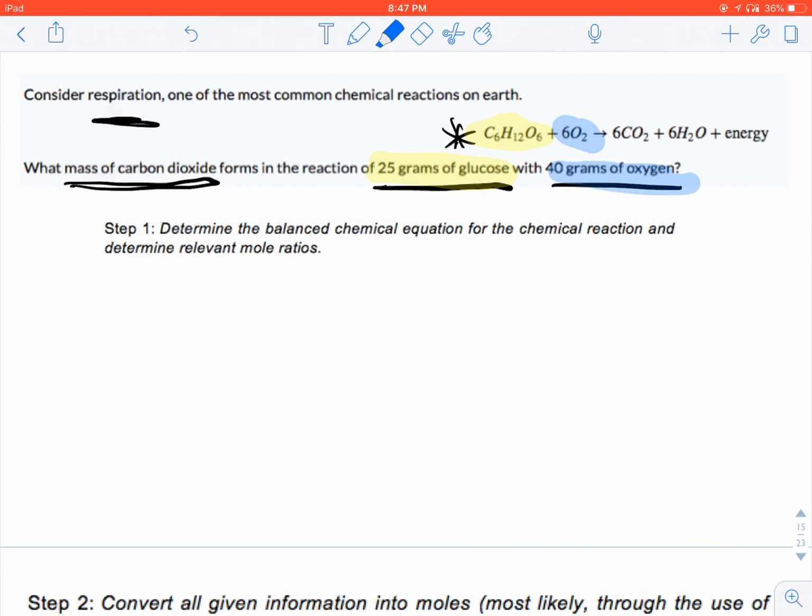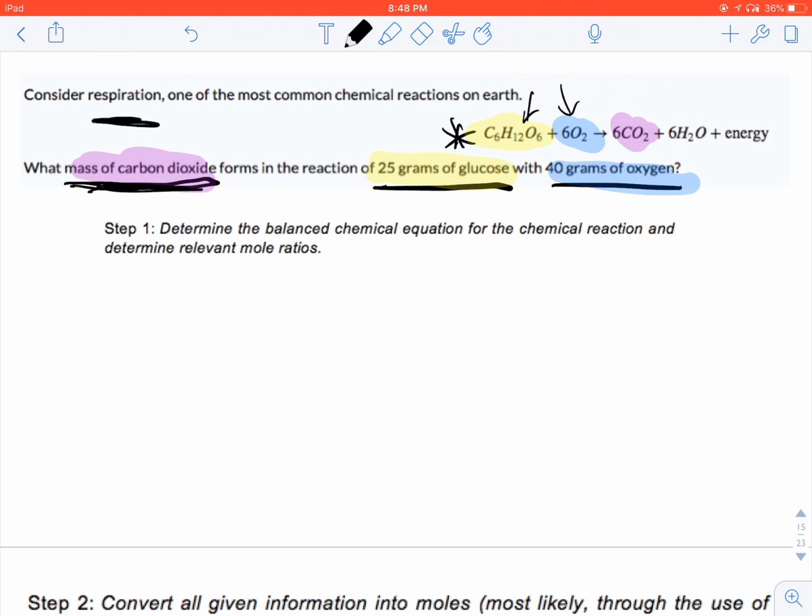That's oxygen. And mass of carbon dioxide. That's carbon dioxide. So now, in this question, different from what we've had before, they're giving us the amounts of both reactants. So what we need to do is determine which reactant is limiting us, and then use that reactant to determine the mass of carbon dioxide that can form.